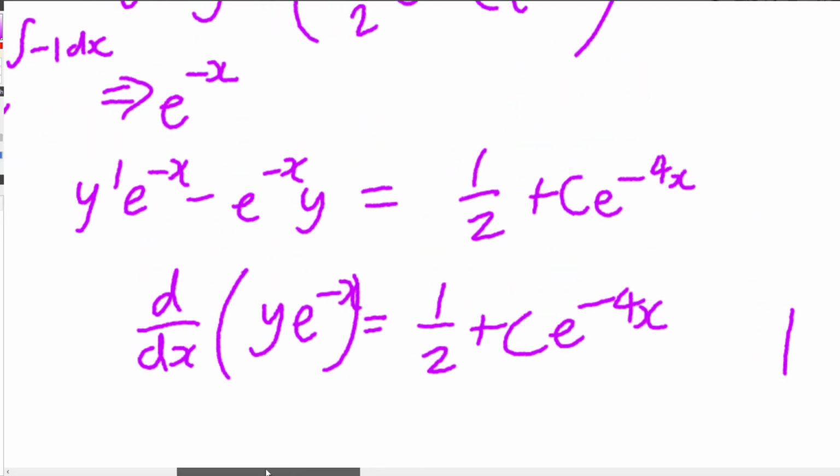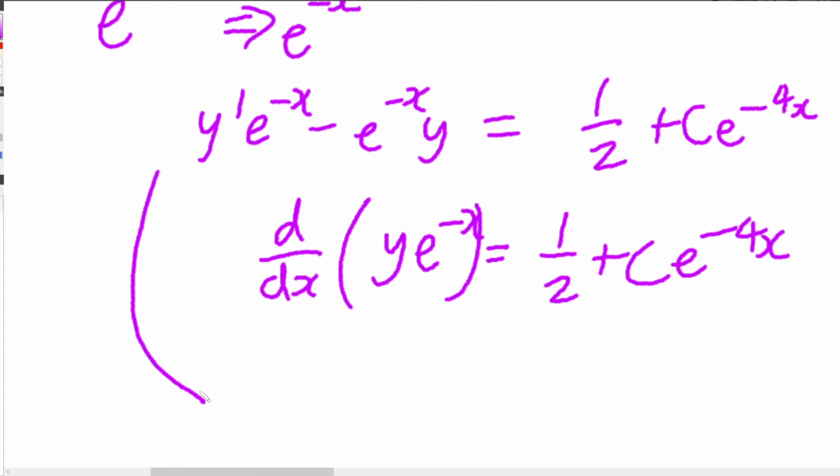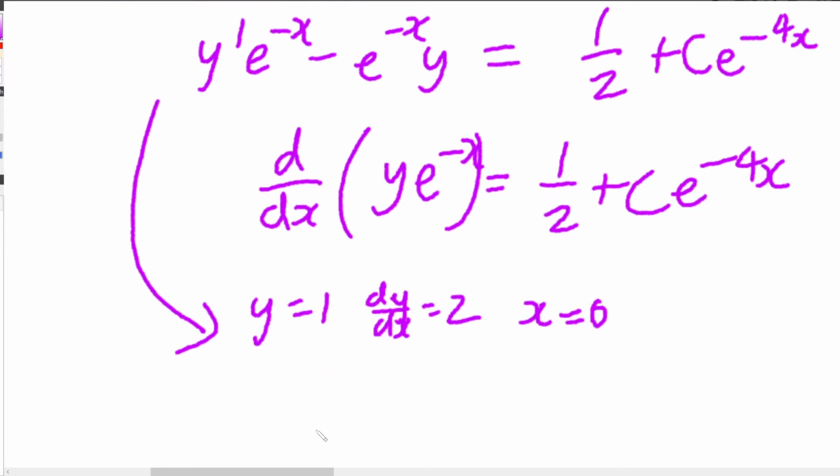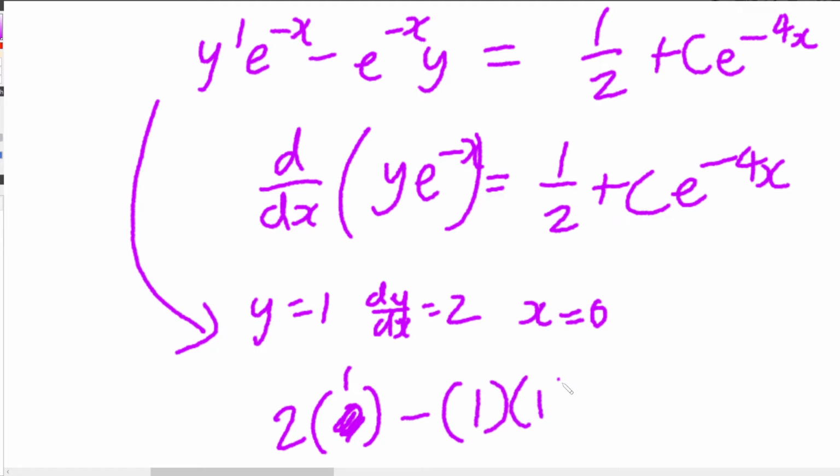So first we're going to find out what c is using the information that I've just looked up from the question. So y is 1 and dy by dx is 2 when x is 0. This gets us 2 times 1 minus 1 times 1, because it's e to the 0, equals 1/2 plus c times 1.